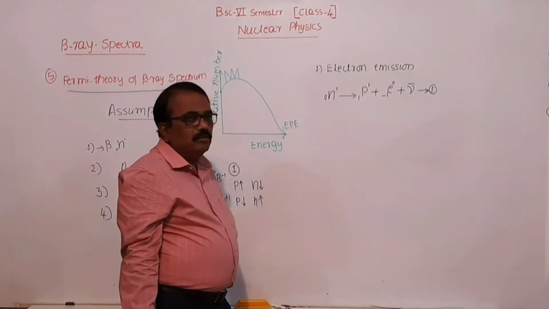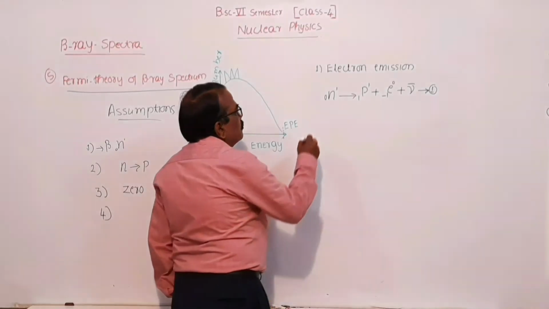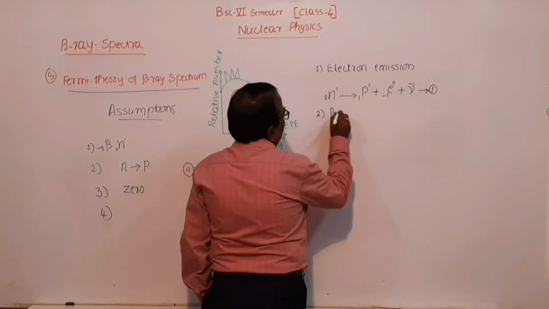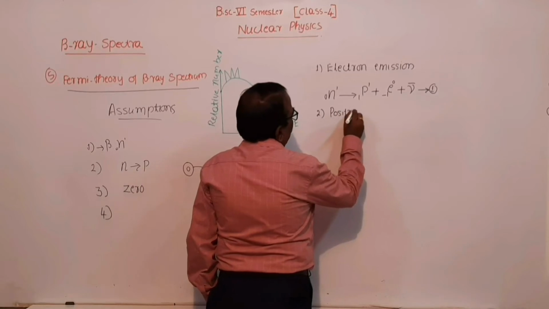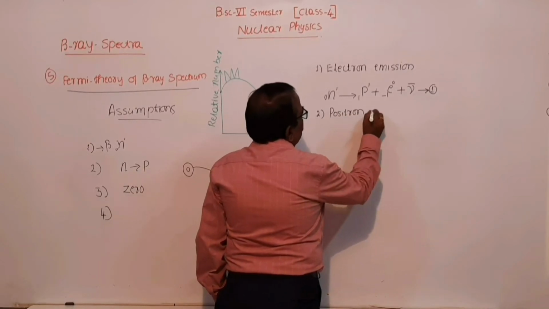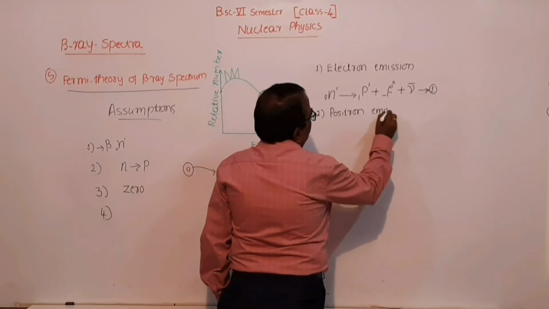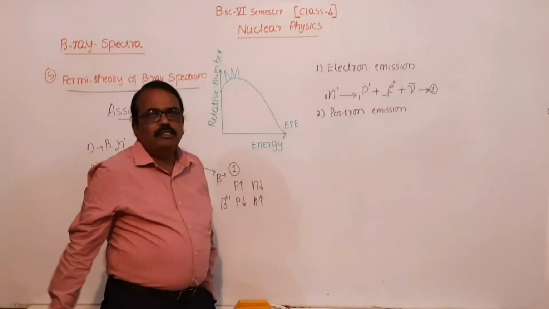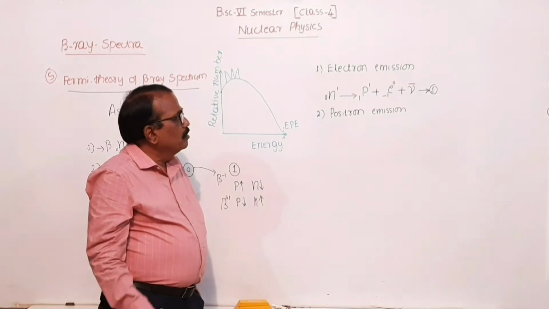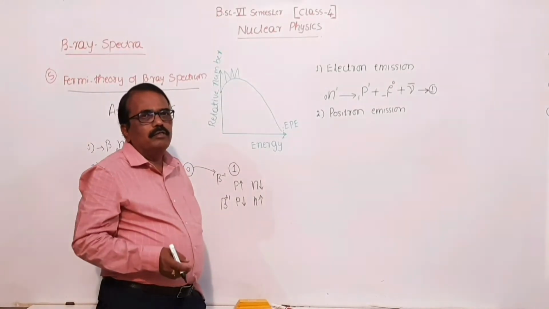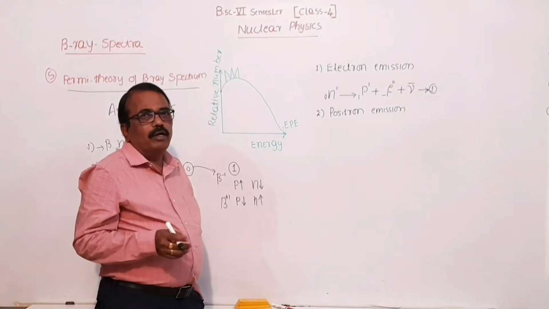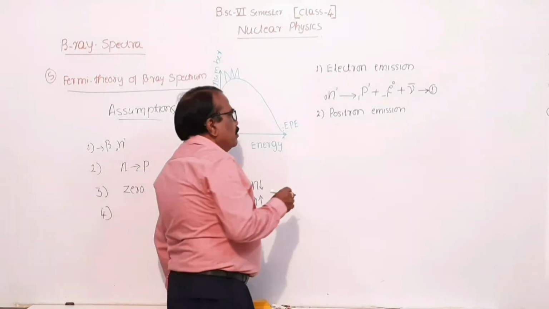Second one is positron emission. During this process, proton gets converted into neutron, emitting positron and neutrino.